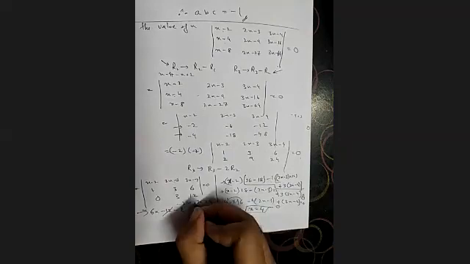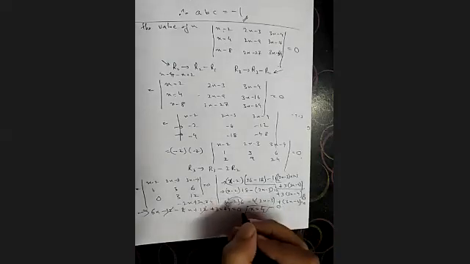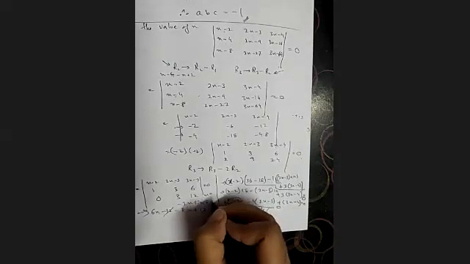Minus 2x plus 3x will be x. Send this minus 4 to that side, and we'll get 4.